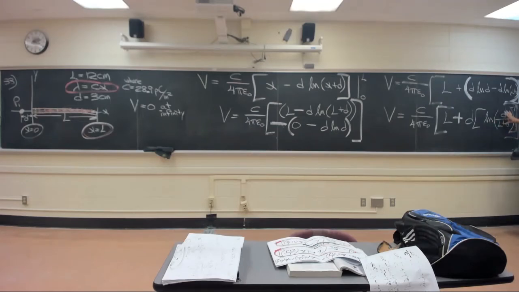So ln of this to the negative 1 is ln of this flipped upside down. All right, it's a bit of a mess, but it worked.